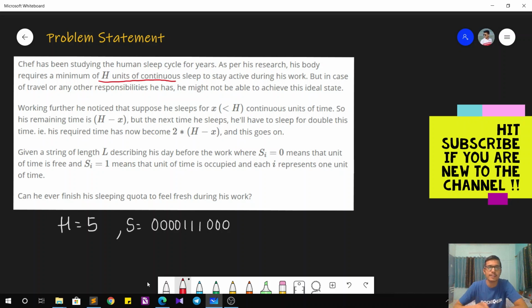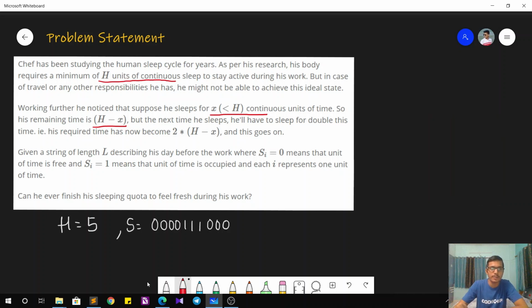It is given that when he sleeps for less than H continuous units of time, the remaining time, that is basically H minus X, is left, right? But to compensate this remaining time, he has to sleep for double this time. That is, if initially the sleep required was H, then Chef actually slept for X hours.